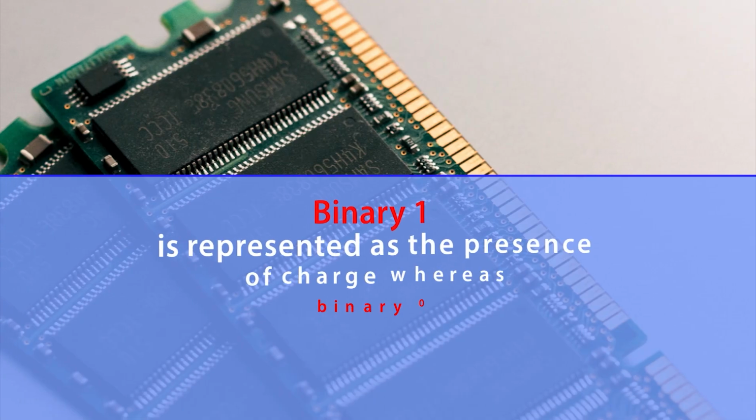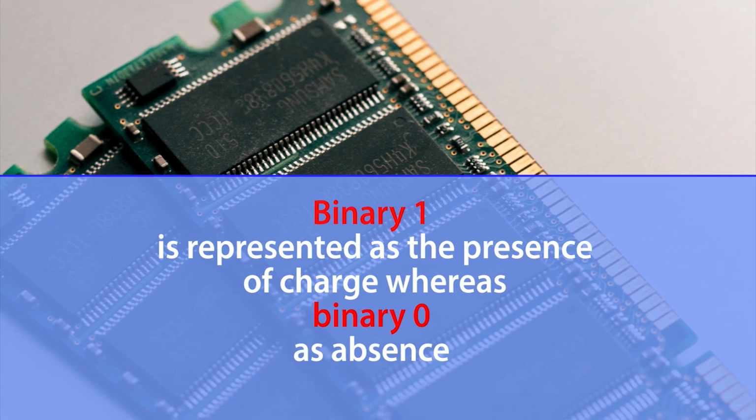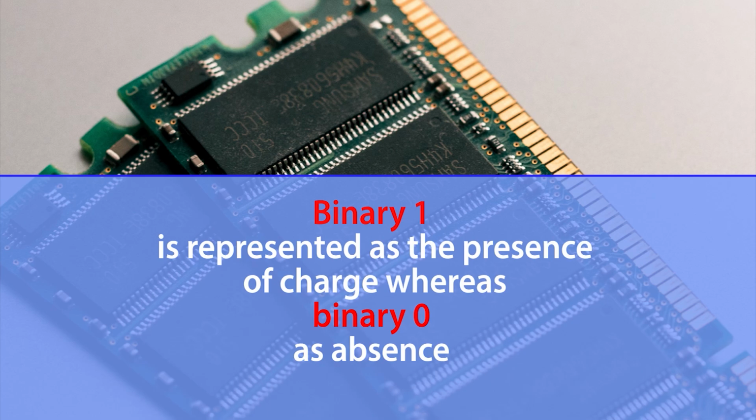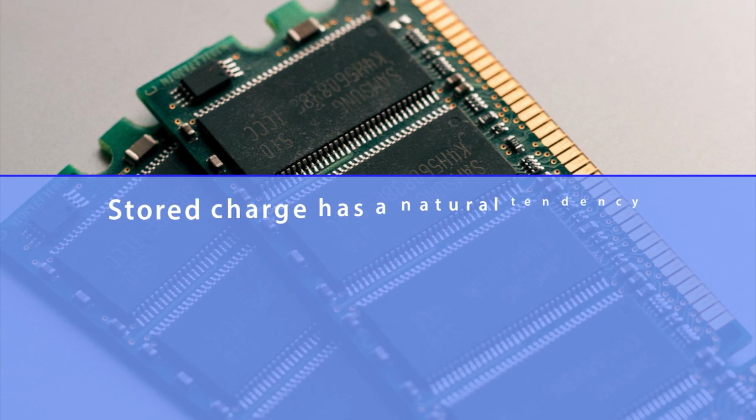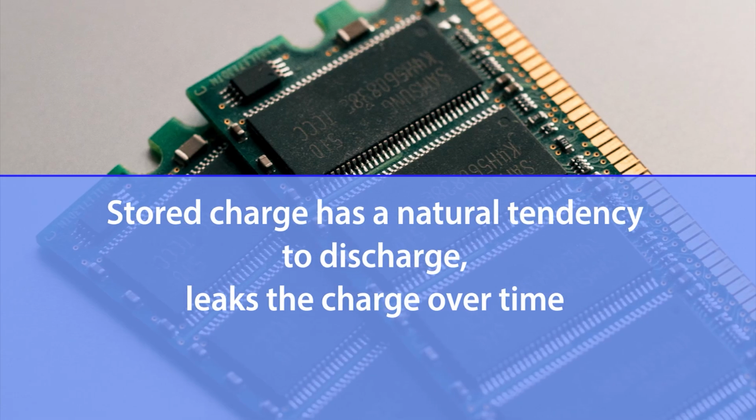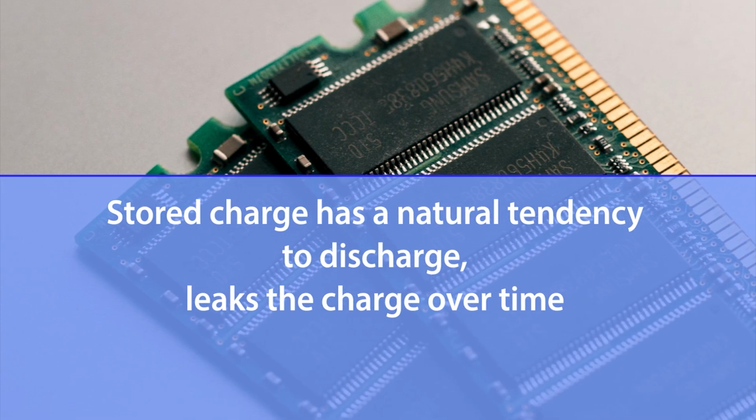Basically, dynamic RAM stores the binary information in the form of electric charge using capacitors and transistors. Binary 1 is represented as the presence of charge and binary 0 as the absence of charge in the capacitor. But as we know, the charge stored in a capacitor has a natural tendency to discharge. That means it leaks charge over time, and because of that we may lose the information.